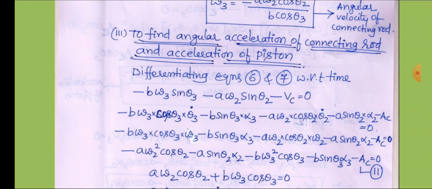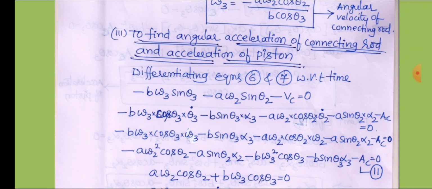So, take equation 6. I wrote it: minus b omega 3 sin theta 3 minus a omega 2 sin theta 2 minus Vc is equal to 0. If I differentiate this with respect to time, minus b as it is, because it is a constant. Now omega 3 sin theta 3 is in the form of uv.